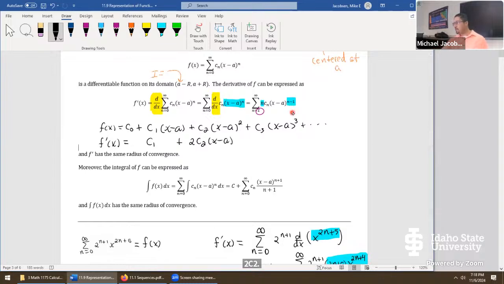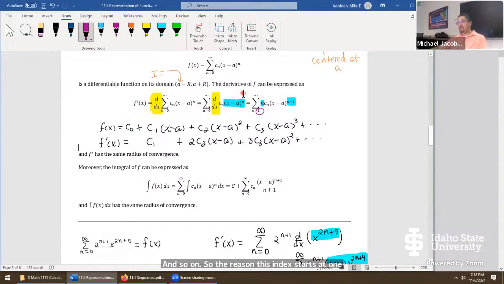Do it again from over here, plus 3c3, x minus a squared, and so on. So the reason this index starts at 1 is because when you differentiate this type of power series, the constant term vanishes, and your indexing starts at 1 instead.